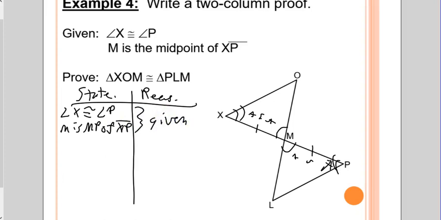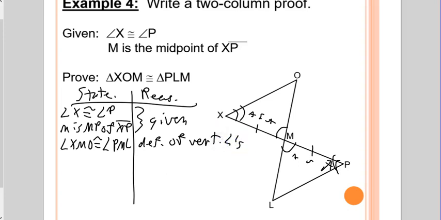Now we said angle XMO is congruent to, now careful here, I started at the angle with the 2 marks, so I have to start at P, and then come up to M, because it has to stay in the middle, and then L. Now I say, definition of vertical angles.